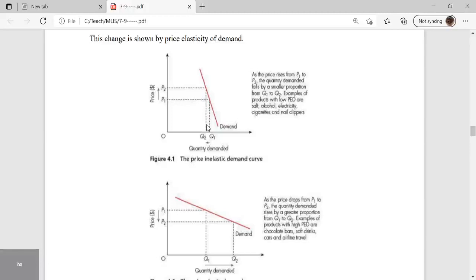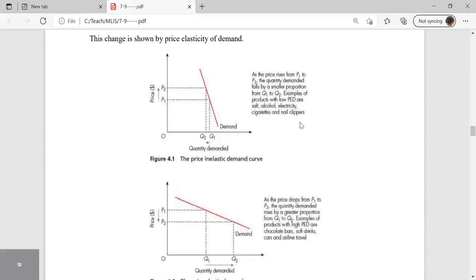Examples of this kind of thing are salt, alcohol, electricity, cigarettes, and nail clippers. What they're trying to say is these are necessary items or addictive, habitual items. For them, even if the price changes, we tend to buy almost the same amount of goods.